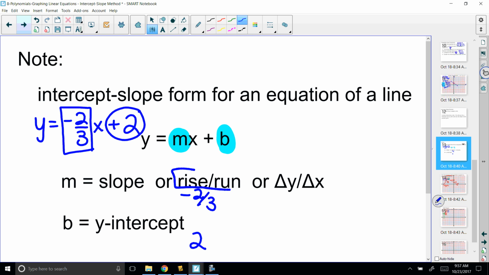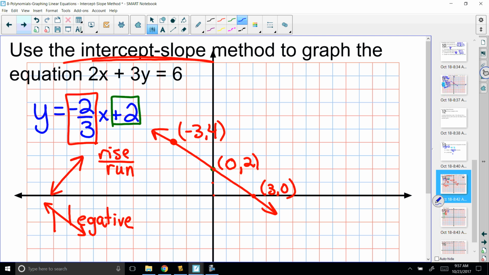So you're going to go 2 up and 3 over. Then we graphed this one, and we had rearranged it. If I want to graph this using the slope y-intercept method, I start with this y-intercept, which is 2. So we started there, and then we did the slope, and the slope was 2/3.